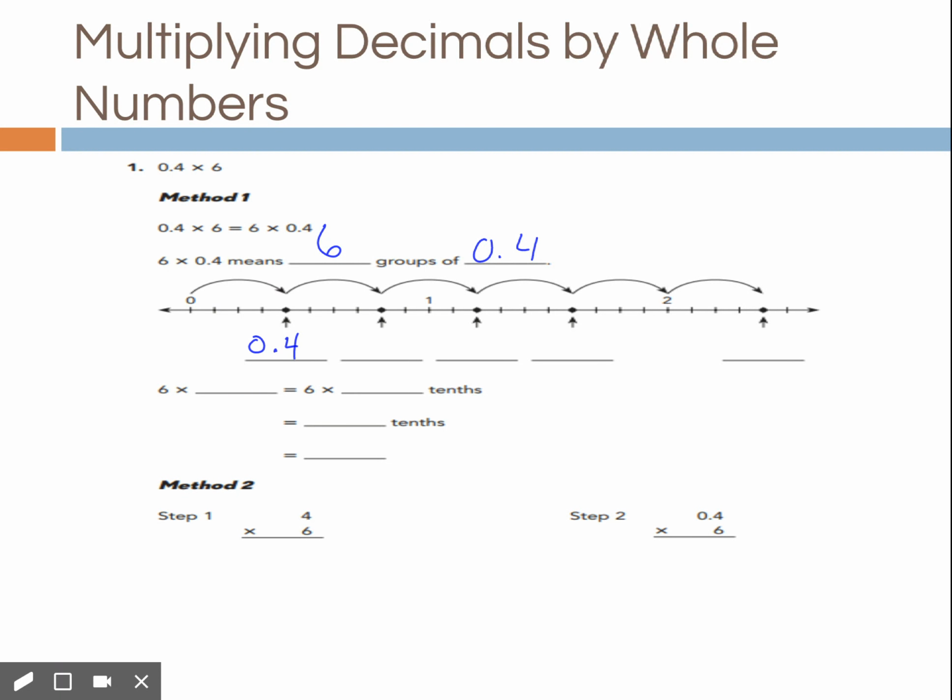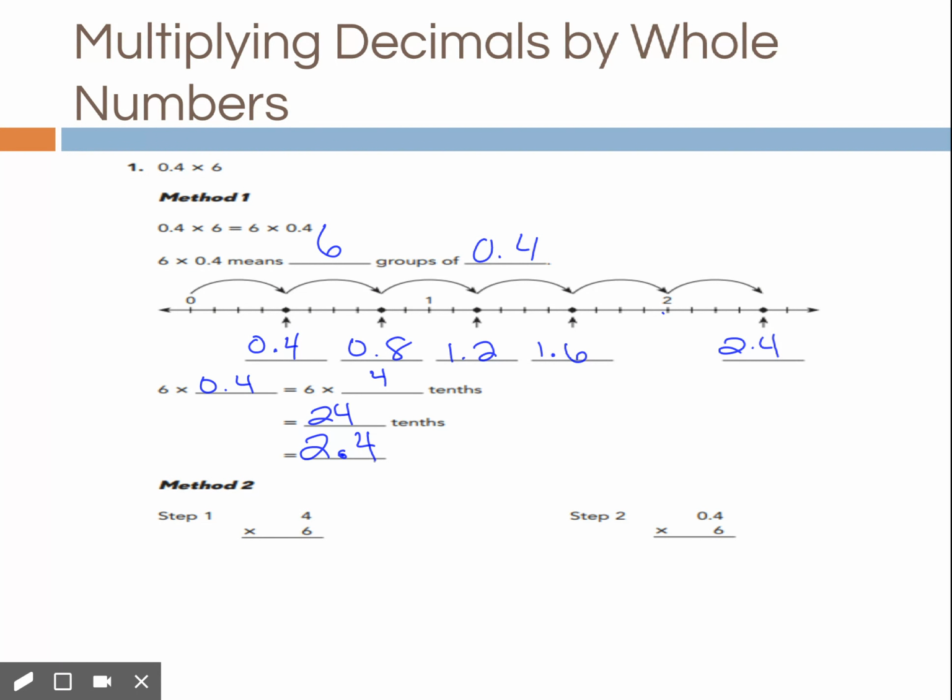So this would be 0.4, 0.8, 1.2, 1.6. Here it's already labeled because that's a whole number, 2, and then 2.4. So 6 times 0.4 is the same as 6 times 4/10, which equals 24/10, which is the same as 2.4.